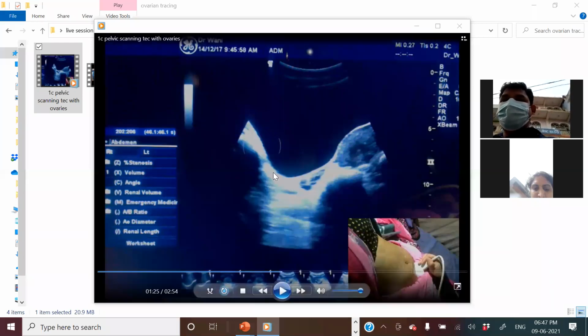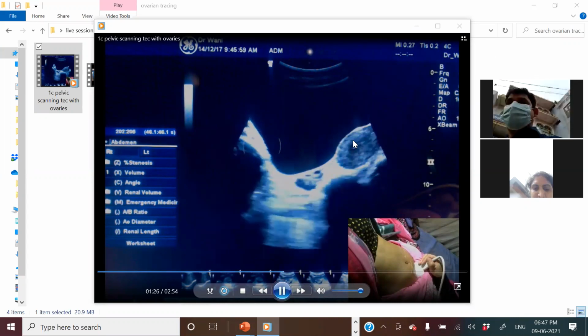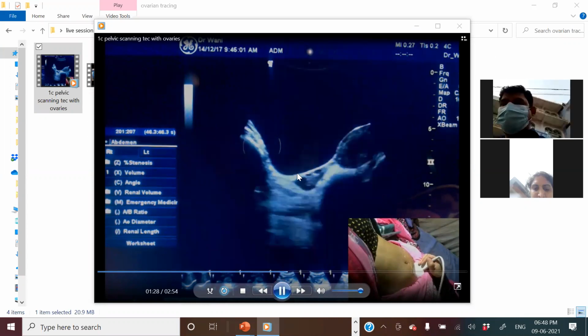This is a basic machine, not a high-end machine, and this is not the TVS. This is the transabdominal probe, because I am hitting from the other side. Why? Because I want to make a window of the bladder, which I cannot make if I put this probe on the right side. So the clarity of this ovary is very high because I am making the beam hit. Now see how clear the ovary is.